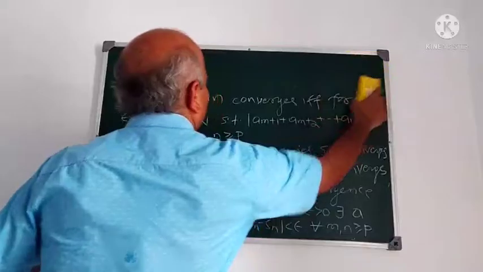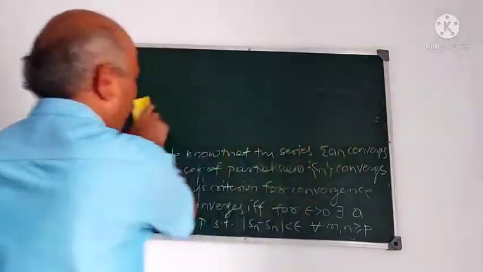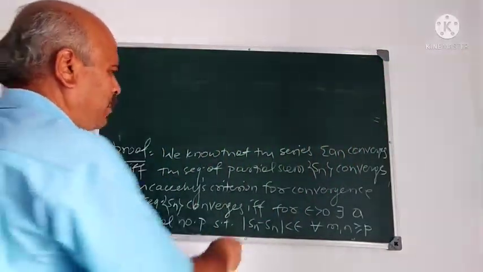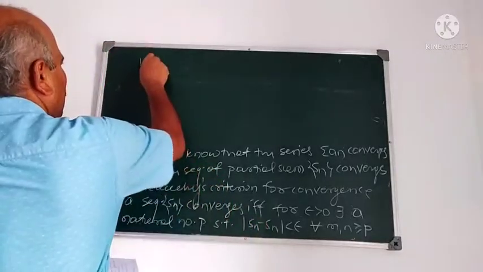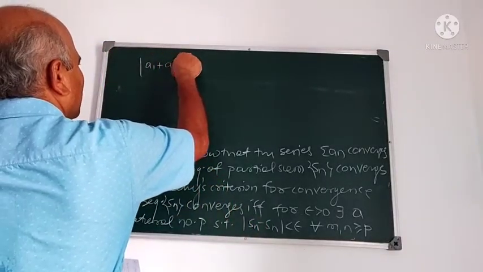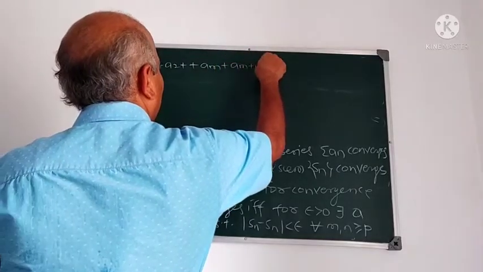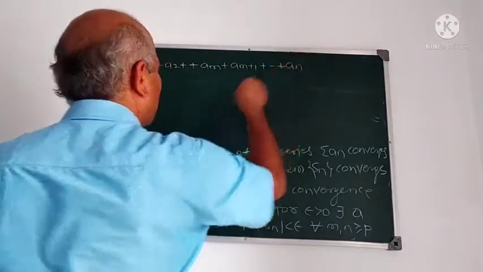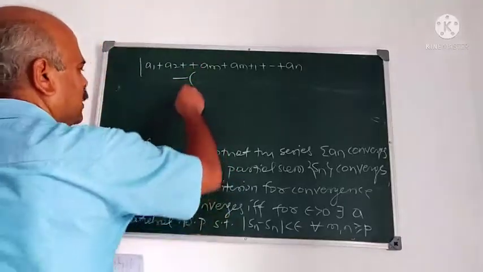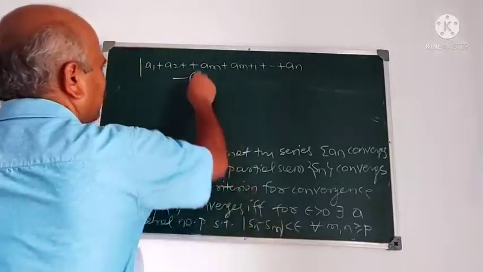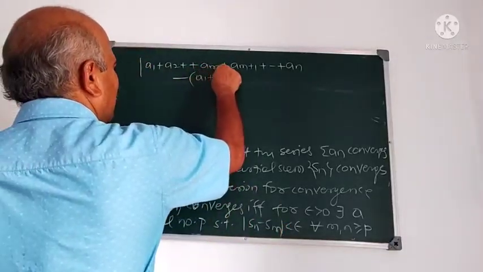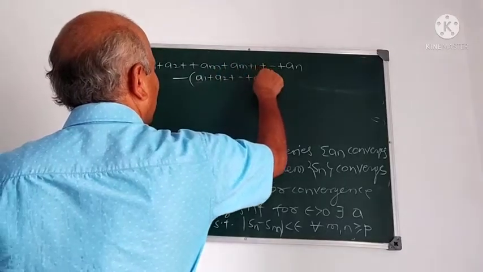That is, what is Sn? Sn is a1 plus a2 plus etc. plus am plus a(m+1) plus etc. plus an. It is Sn. Minus what is Sm? Sm is a1 plus a2 plus etc. plus am.